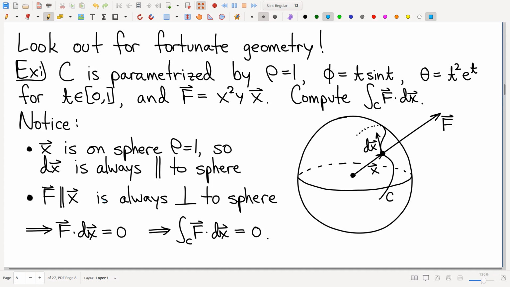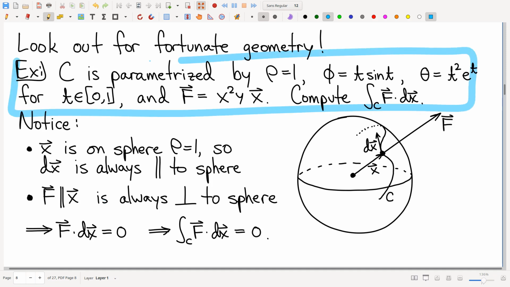It's luck with geometry. So here is, on its face, a horrifying question. Just horrifying. Look at this nightmare. The parameterization I'm using to describe the curve isn't even rectangular.